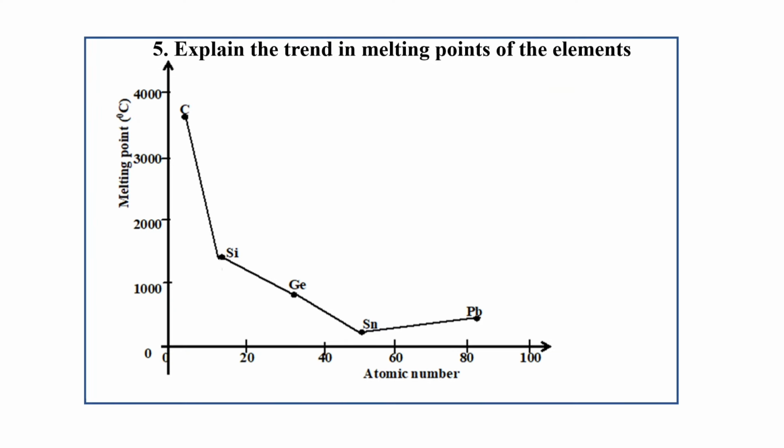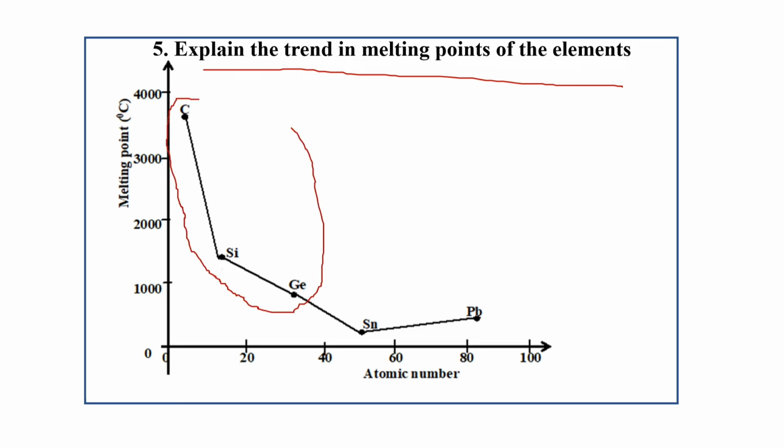So let's look at the next question. This is now in group 4 elements. I have carbon, and from here up to here these are non-metal and semi-metal. But they all have what we could call giant molecular or giant atomic structures, similar to the carbon structure, with a tetrahedral arrangement of the atoms, these three here.